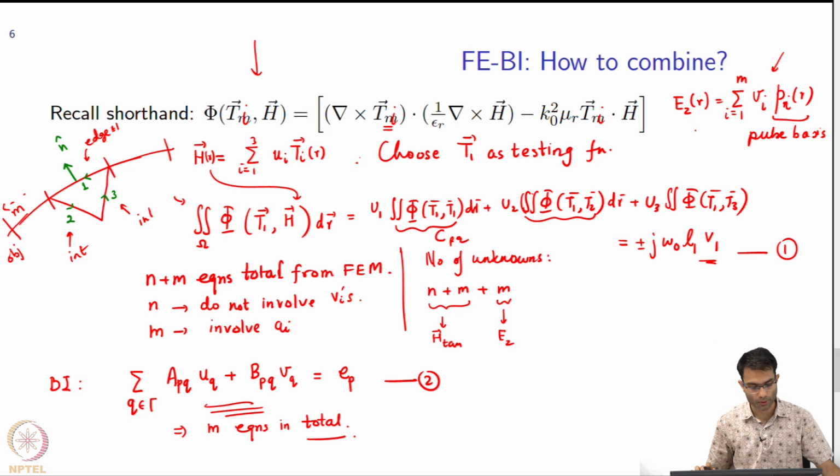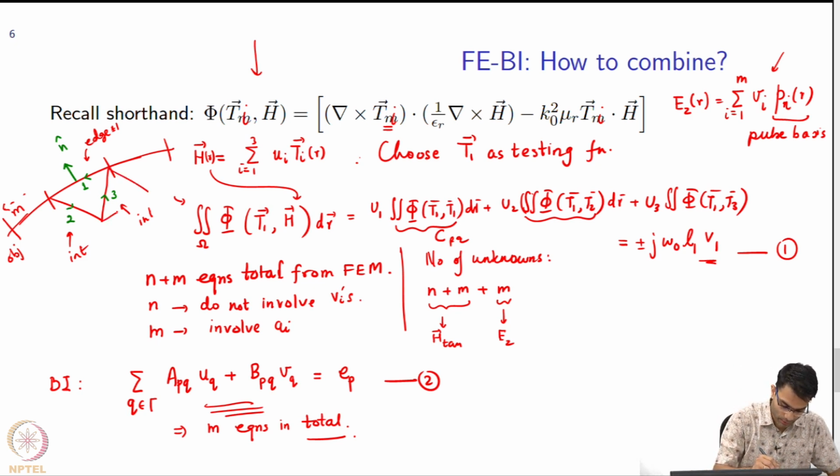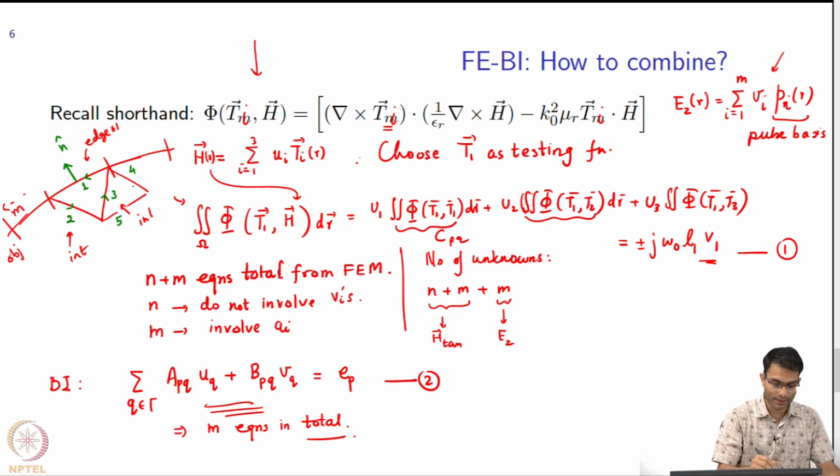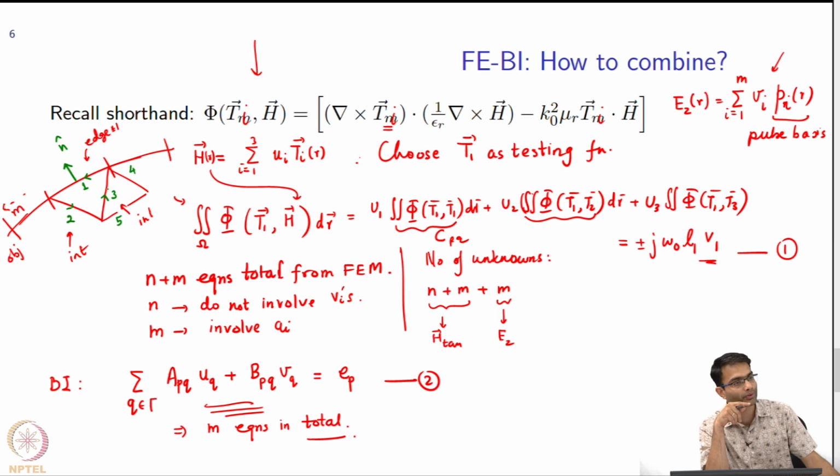The question was, what about interior triangles? Supposing I have a triangle now that is like this, with edges 4 and 5 over here. What happens when I write this equation? When I take this triangle, my equation will have u3 something. If I test along, let's say, edge 3, what all unknowns will appear, if you remember from your FEM module?